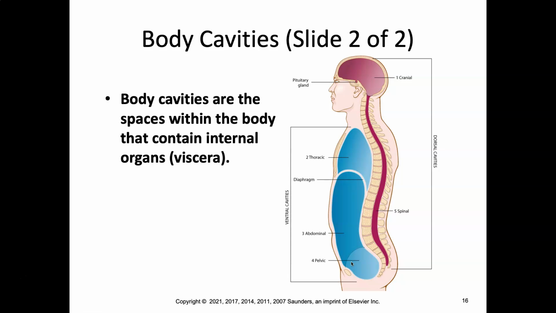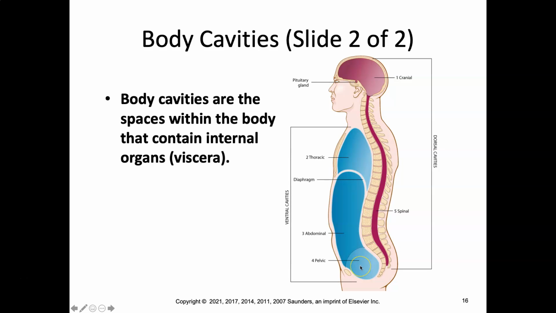And there's really not much of a dividing point between the abdominal and pelvic. The diaphragm does divide the thoracic, but I think this is part of the reason why so many times this is considered all together.